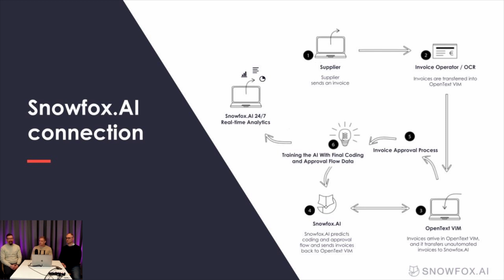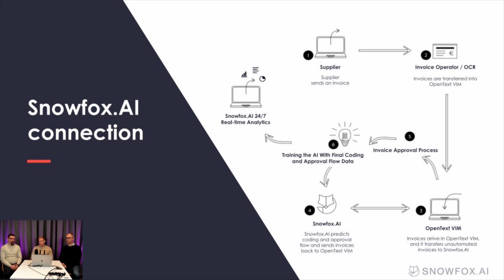And I will now quickly explain how it works. So the invoice comes into VIM, and this logic module will be integrated into your non-PO invoice process. And by the way, if you have some specific rules that only this invoice should go to Snowfox and these should not, naturally you can fine-tune the logic module to contain that rule.